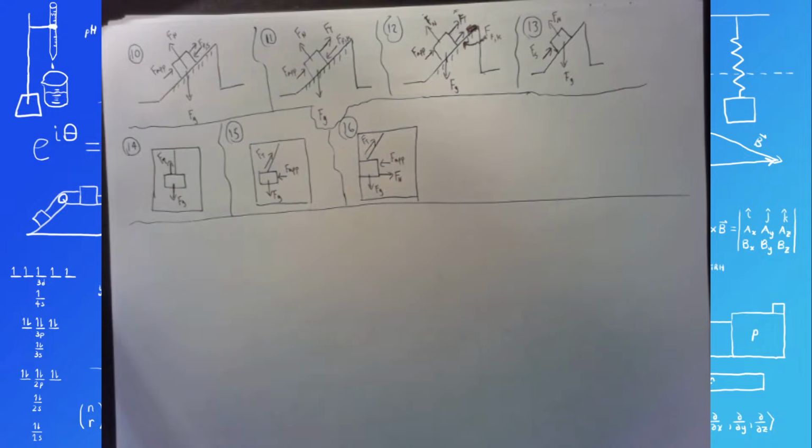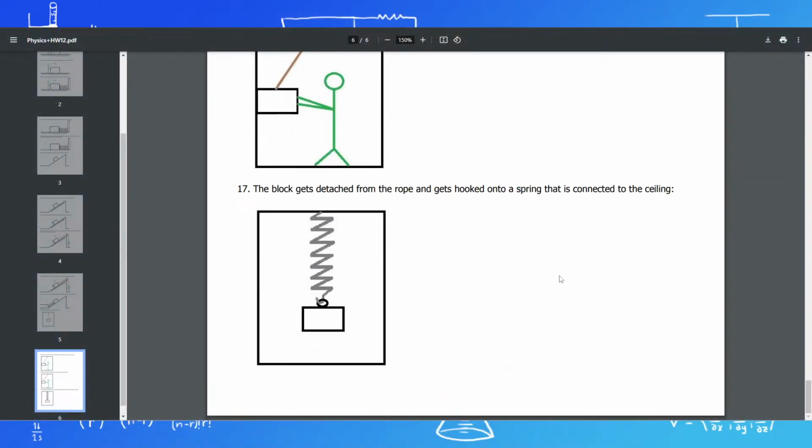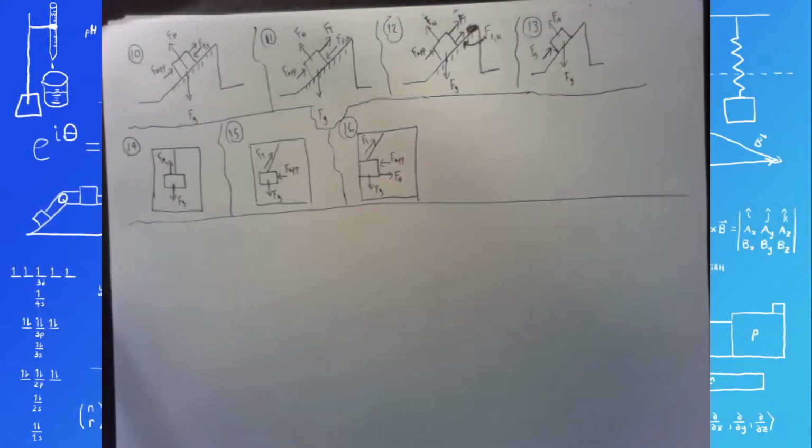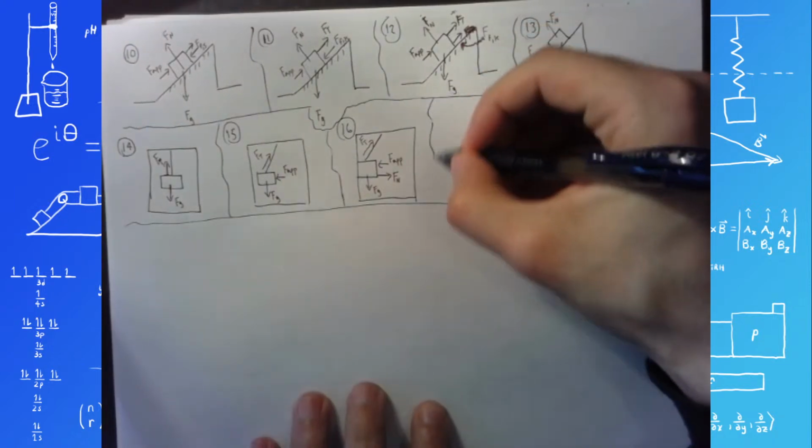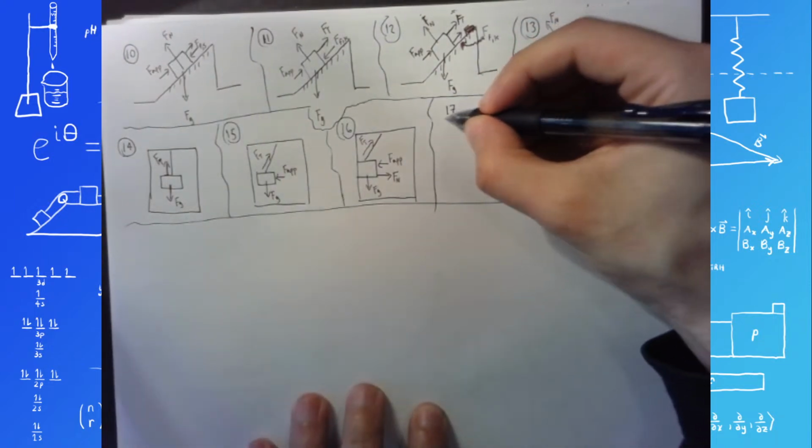And finally, scenario 17, the block gets detached from the rope and gets hooked onto a spring that is connected to the ceiling.